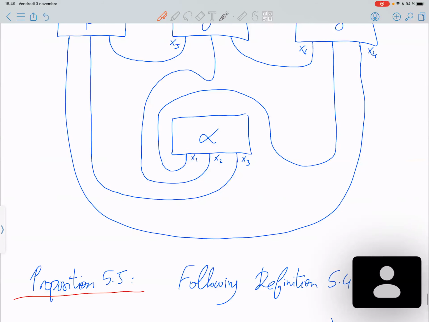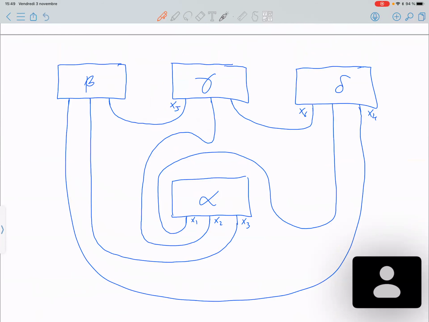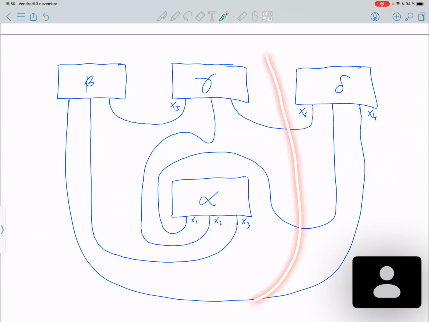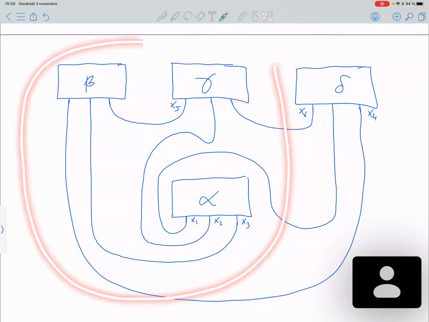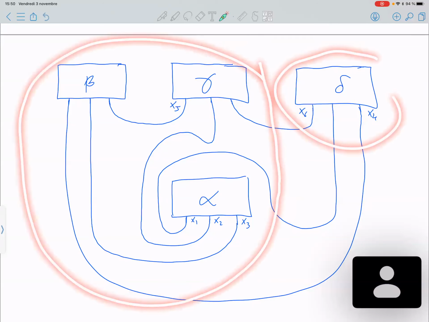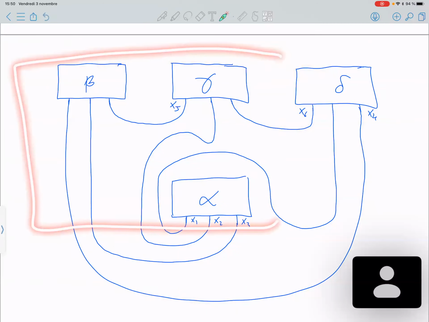We will apply the previous lemma, and we will consider two parts, this part and this part. So this is a morphism. You consider this part as a morphism, and this part as a big morphism with three things.